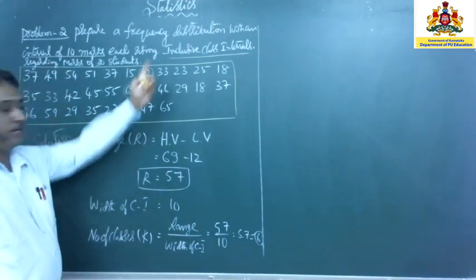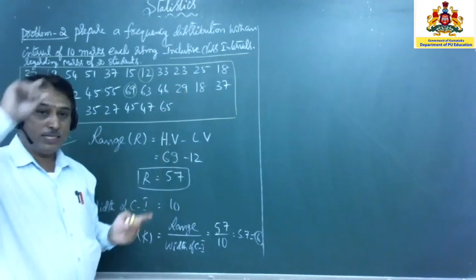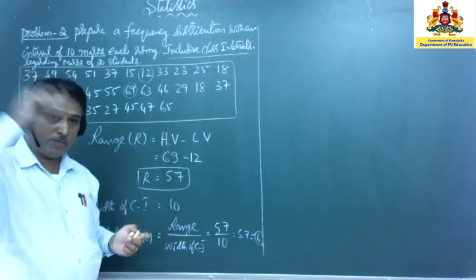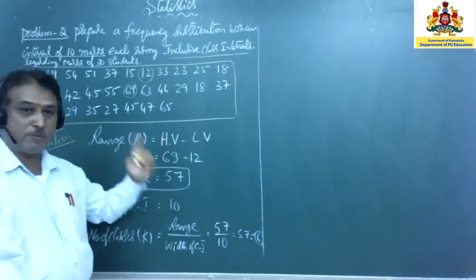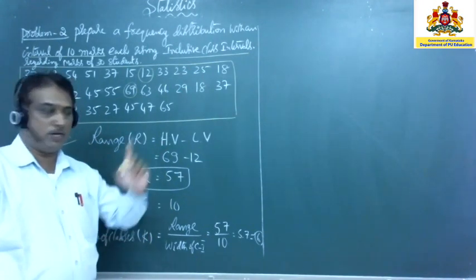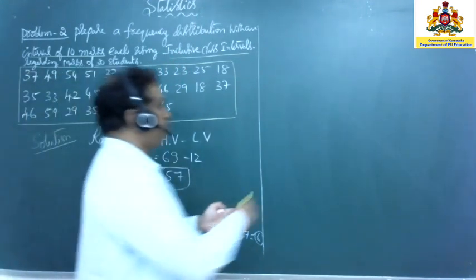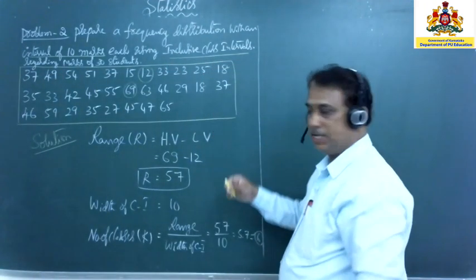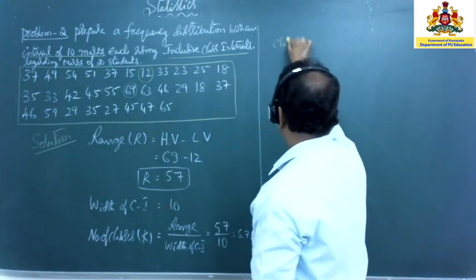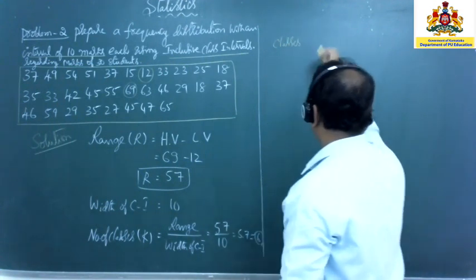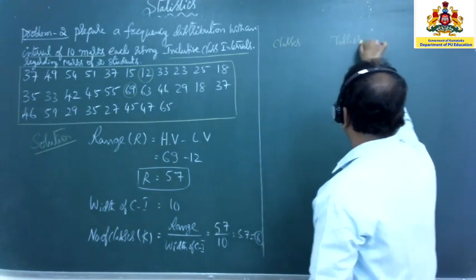In the first problem, we prepared the continuous frequency distribution, where the upper limit of the first class is the same as the lower limit of the next class. But here we have to prepare inclusive type of class intervals. How to prepare the inclusive type of class intervals? First, classes. Next one is tallies.